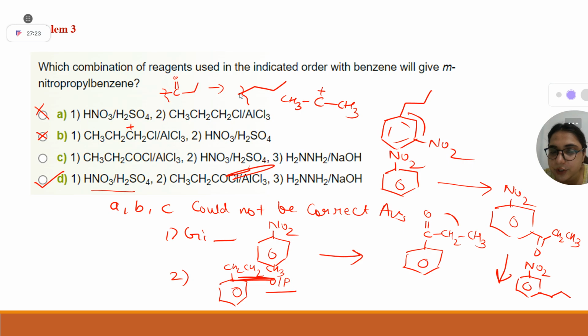Can I repeat my question? Let's say you have a carbonyl; for reduction of this carbonyl, will you use Clemmensen reduction or Wolff-Kishner reduction?